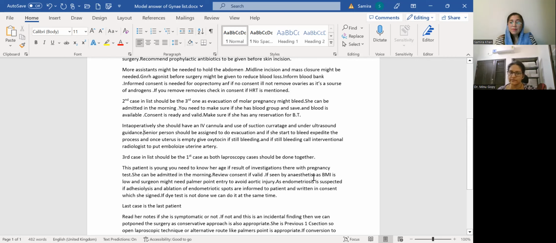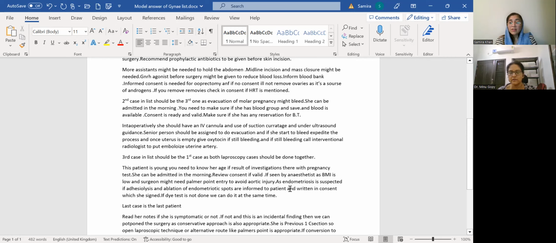So seen by the consultant, BMI is low, surgeon might need open technique, avoid aortic injury. You need to mention this name, aorta. Endometriosis suspected, so adhesiolysis may be needed, ablation spots. If informed consent is taken from the patient or not, you have to make sure.